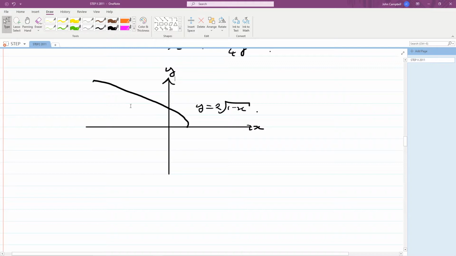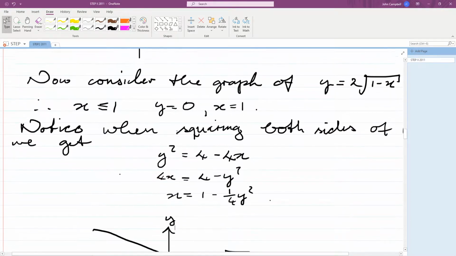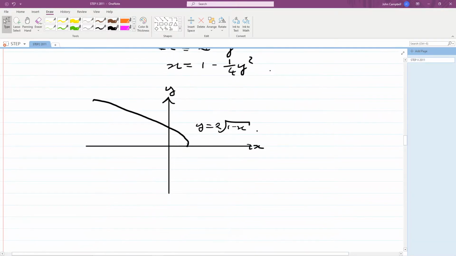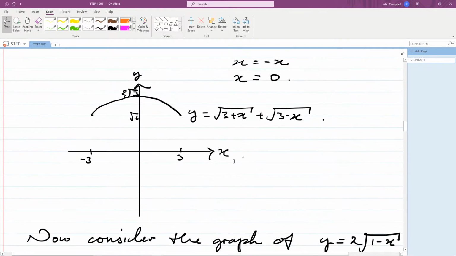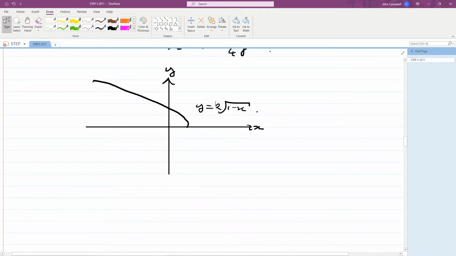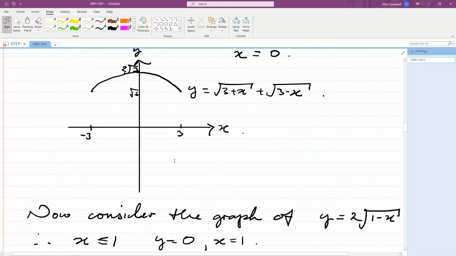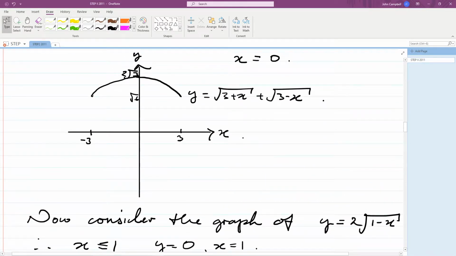So now we're going to draw these two on the same axis. I'm just going to move this over here, and then put this. So this is 1. This is -3. So what's this point going to be? Well, we can see that when x equals 0, y is 2. So we can see that this is less than this graph here. This is √6, and this is 2√3, sorry.